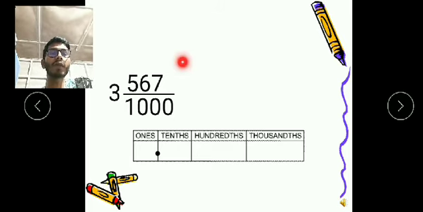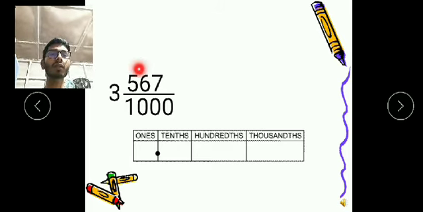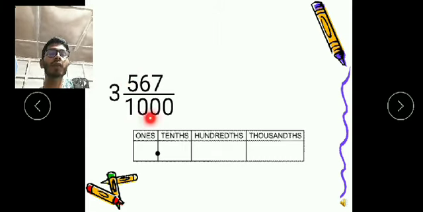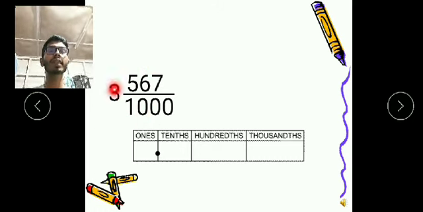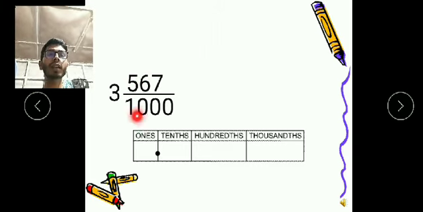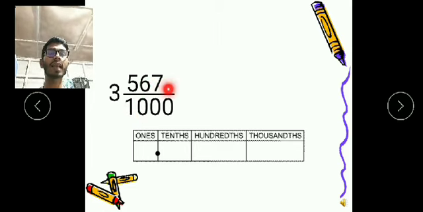Now how can we convert a mixed fraction which has a denominator that is a power of 10? That means a mixed fraction whose denominator is 10 or 100 or 1000. It is very simple. First, like the previous one, we'll see the fractional part, 567 by 1000.